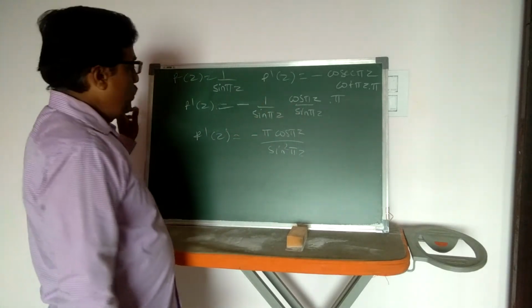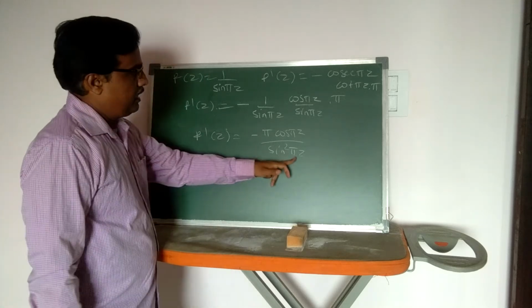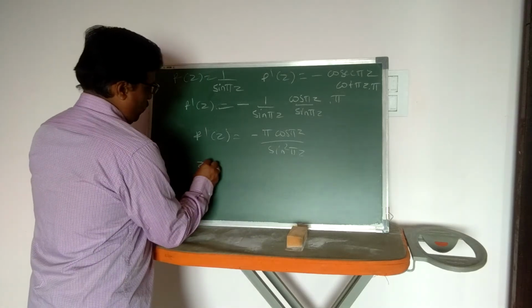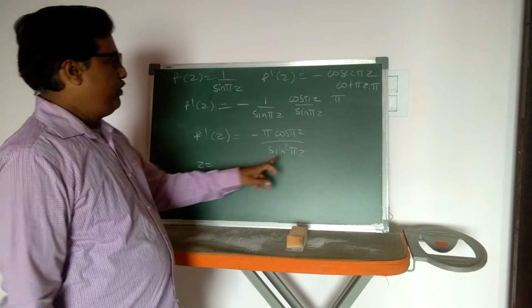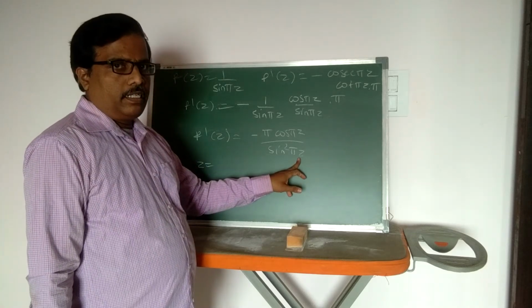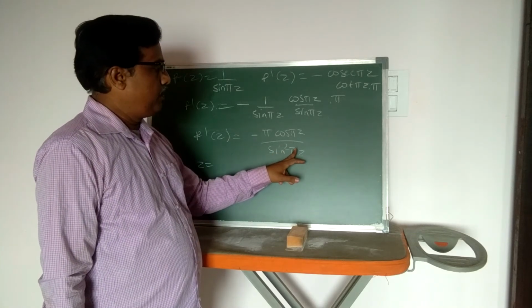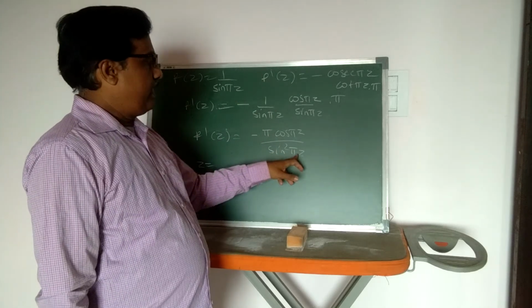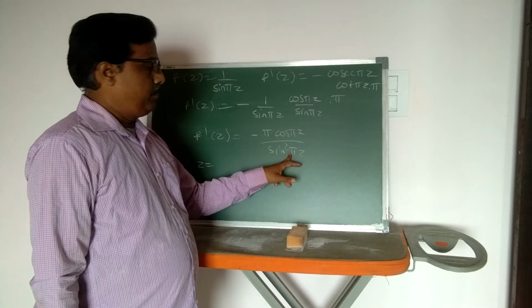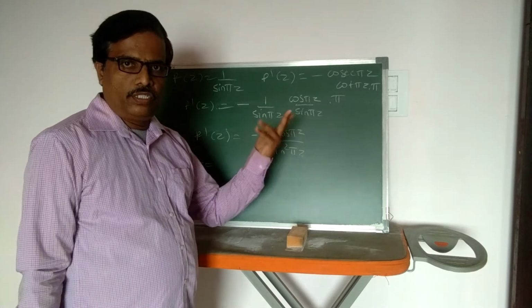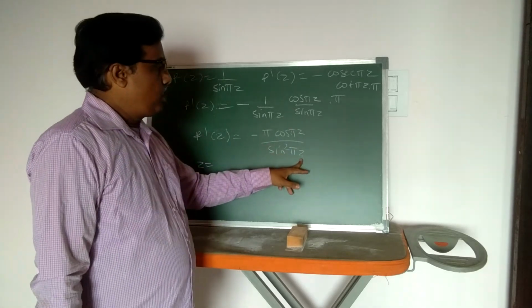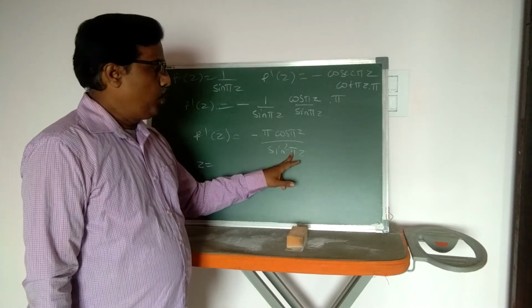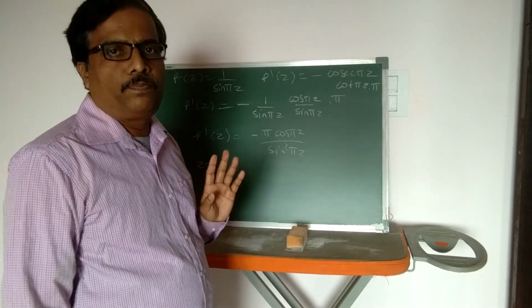Okay, so now when you check the value, if you take z is equal to 1, then it gives sin square pi, or sin pi whole square, and sin pi value is 0. Then if z is equal to 2, sin 2 pi value is also 0.